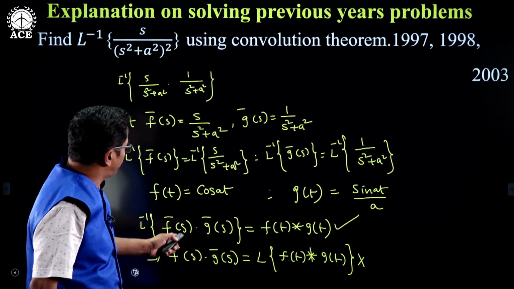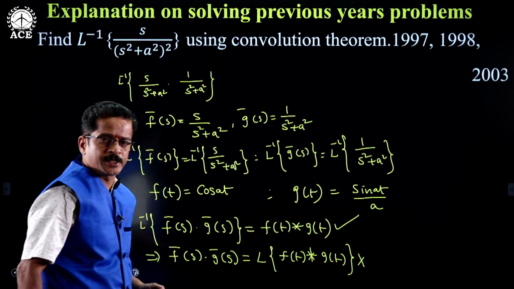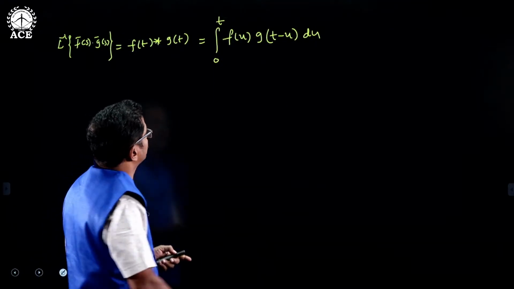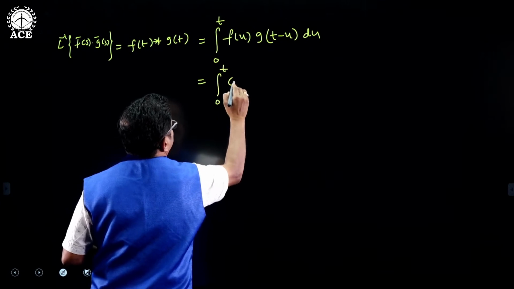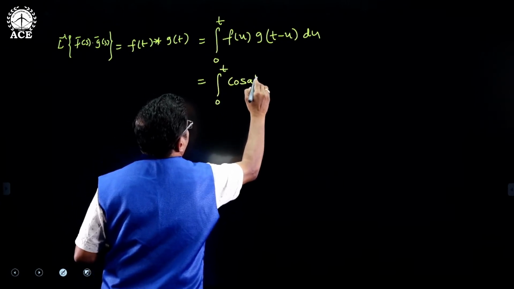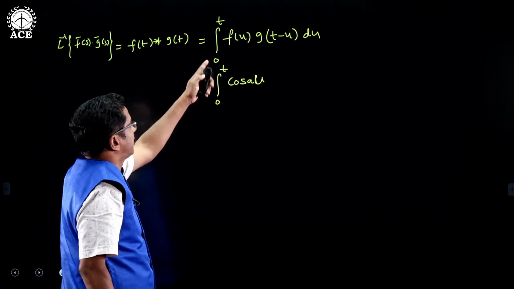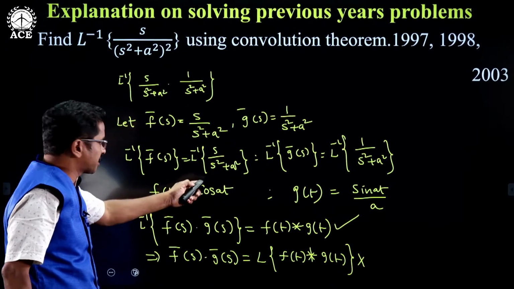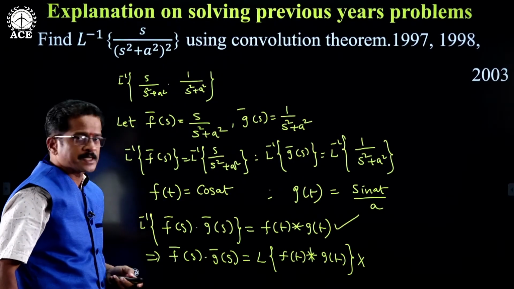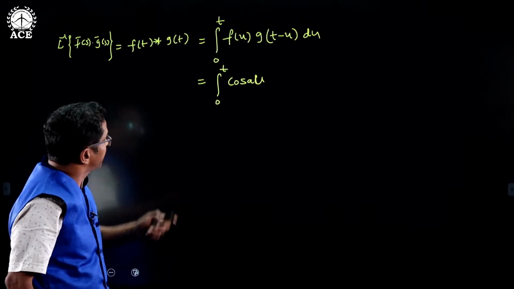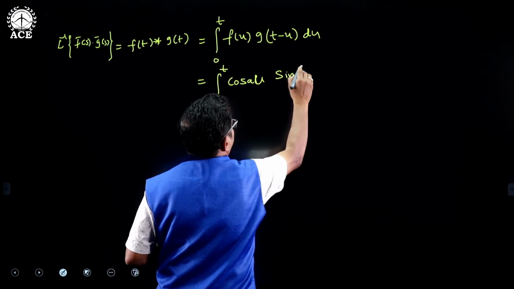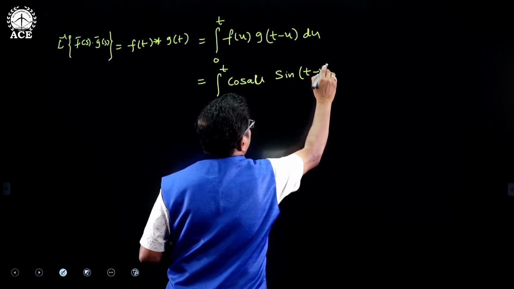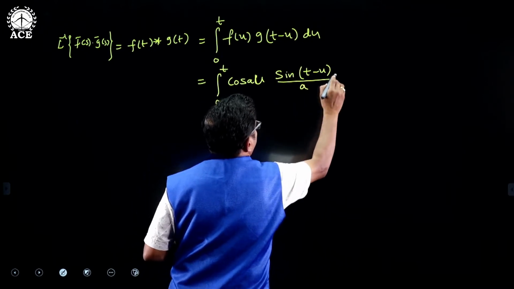As per the convolution theorem definition, where f of t is cos a t, f of u is cos a u, since f of t is cos a t. g of t is sin a t by a, so g of t minus u is sin of a into t minus u by a, into du.